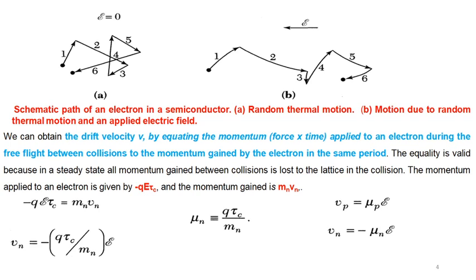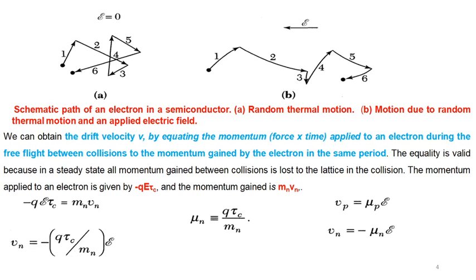But when we apply the electric field, the random thermal motion of the electron acquires a specific direction of movement. Because the electric field is applied, the force F is equal to qE, that is, minus qE for the electron. During the free flight between collisions, the momentum gained by the electron is p equal to mv. Equating, the momentum gained is minus qE tau c, where q is the charge of the electron, E is the electric field, and tau c is the mean free time, and this is equal to mn, the mass of the electron, times the velocity of the electron.